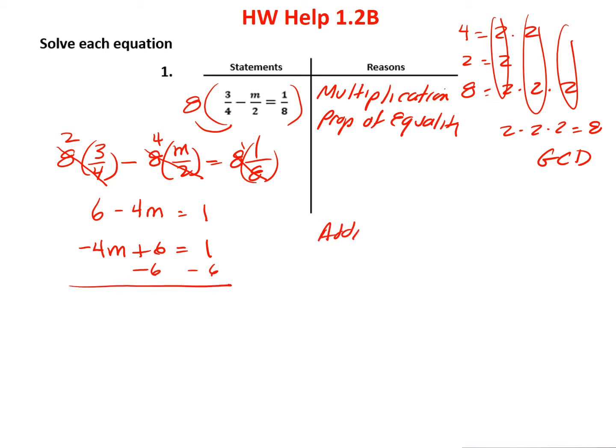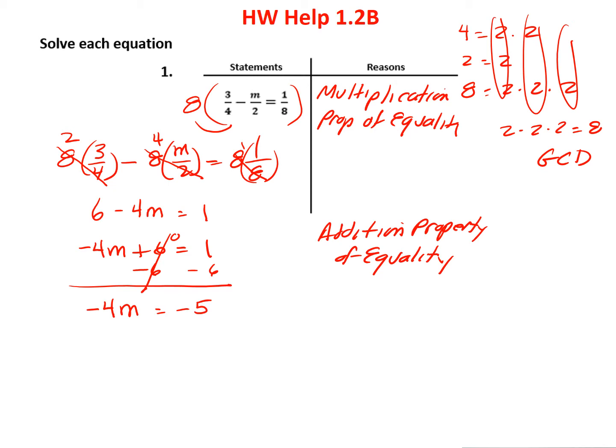This is the addition property of equality. 6 minus 6 is 0, so we end up with minus 4m, and 1 minus 6 is negative 5. Okay, good job there.